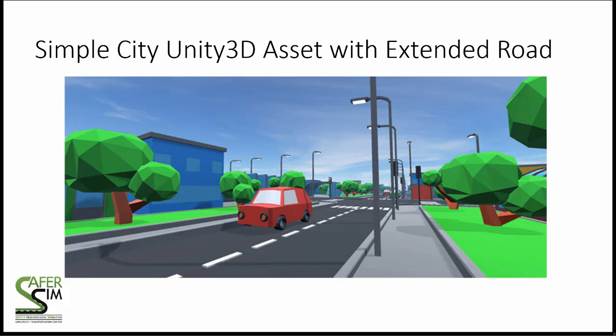We extended this model by having an extended road. So we built a simulator using Simple City and had an extended road so that the driver could drive down a long road and the pedestrian then could see the oncoming car, and coupled it with a scenario vehicle that went along in front of the car.